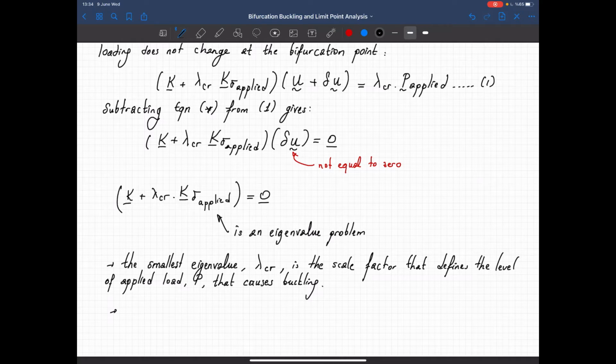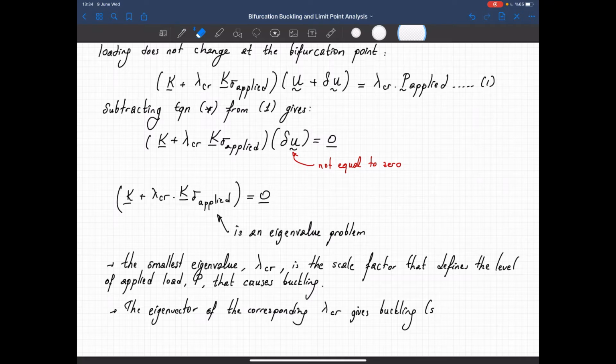And the eigenvector of the corresponding lambda critical gives the buckled shape. Sometimes we call them buckling modes.